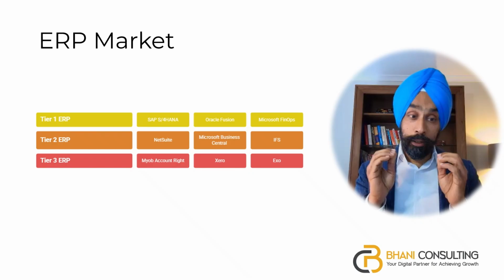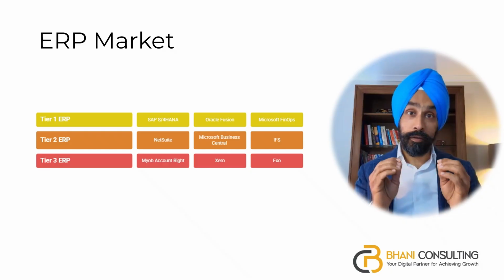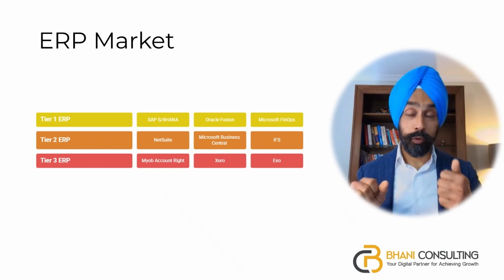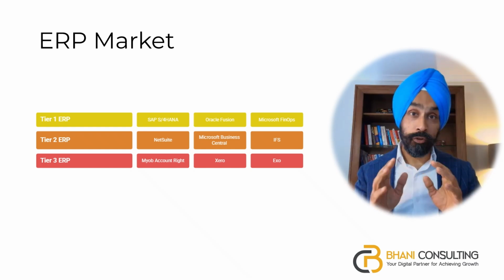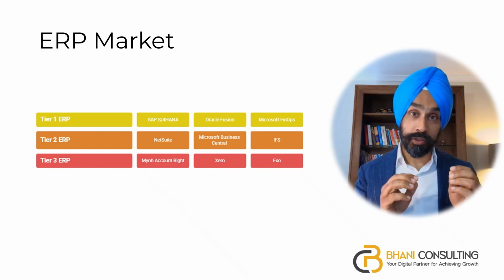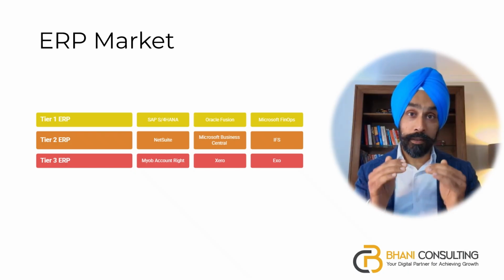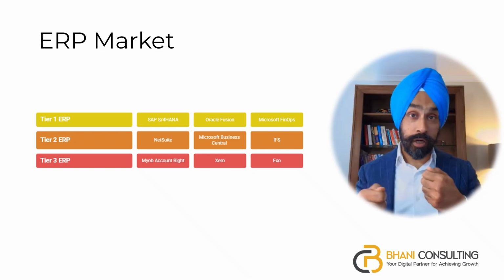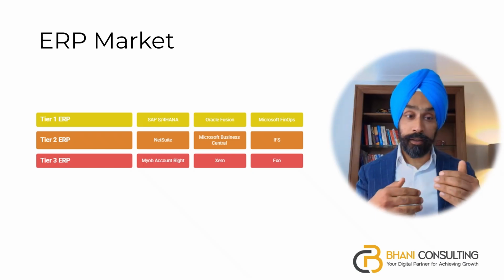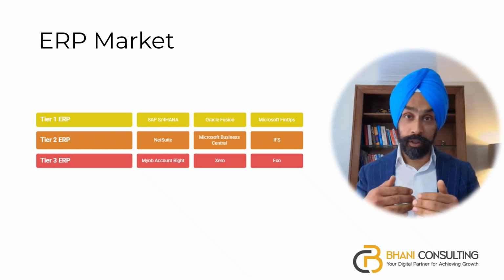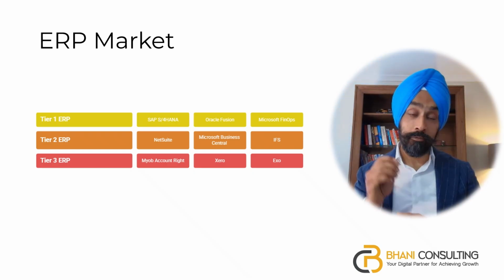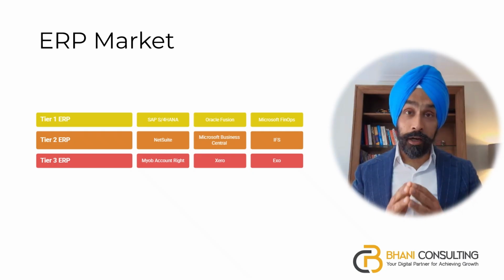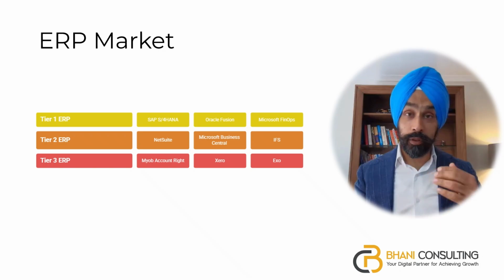Firstly, look at the tier of the products that you should be evaluating. Are you tier 1, tier 2, tier 3? That's number 1. And once you have an answer to this question, then look at the products which are in your specific tier, and then you start comparing those rather than comparing tier 1 products with tier 3. And sometimes we do it if we are not aware. Okay, so that's the ERP market in general at a very high level.